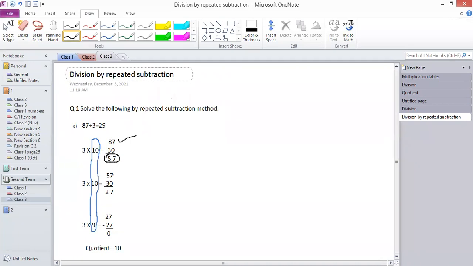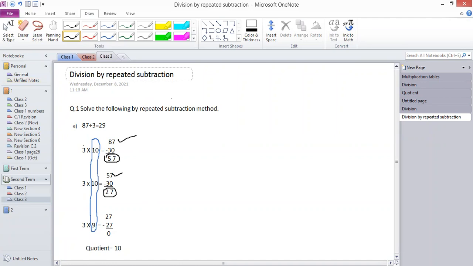Now you will subtract 30 from 57. 7 minus 0, 7. 5 minus 3, 2. So it is 27. Now, if you again multiply 3 by 10, you will get 30, which is more than 27. So you need to think of a number, which number you should multiply by 3 to get 27. So it is 9. 3 by 9 will give you 27. So 27 minus 27, 0.